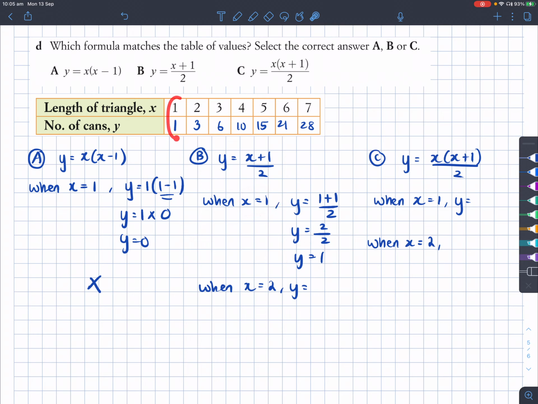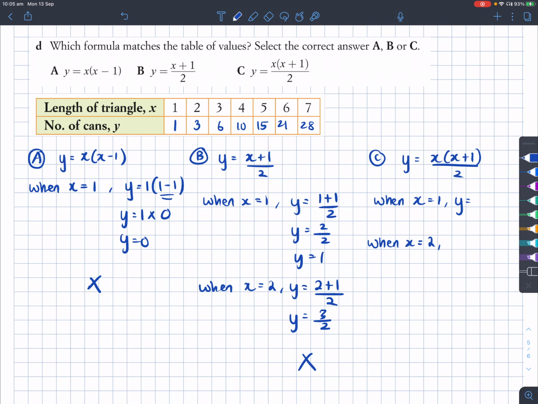That's correct. Now let's test out when x is 2. If I substitute in 2 here, I'll get 2 plus 1 over 2, which is 3 over 2, or the same thing as 1.5. Does x equals 2 and y equals 3 over 2 match this? No, it doesn't, because these two y values are different. So B is not the answer.